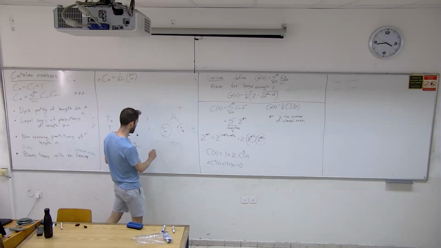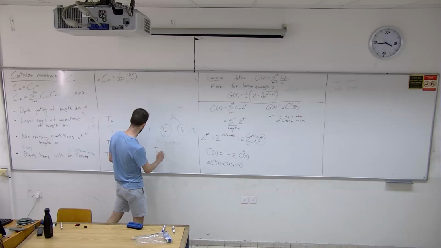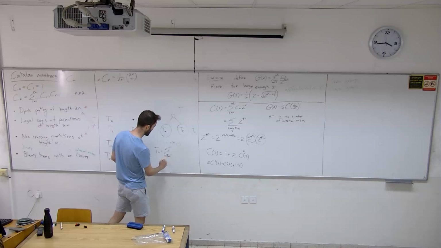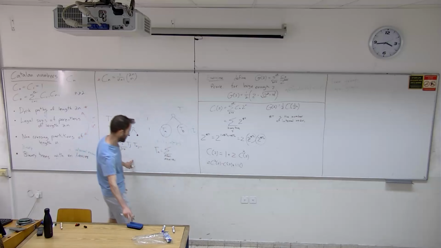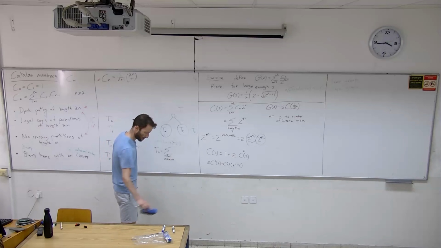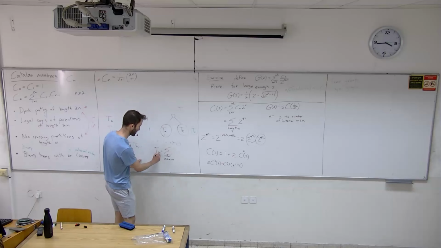So what I need to do in general is to write, this time it will be Tn equals the sum over all the options of A, B, and C, so that A plus B plus C equals n minus 1.